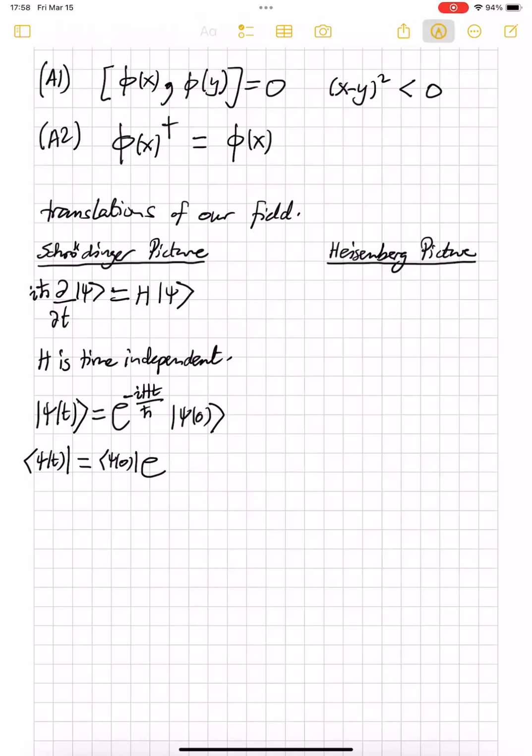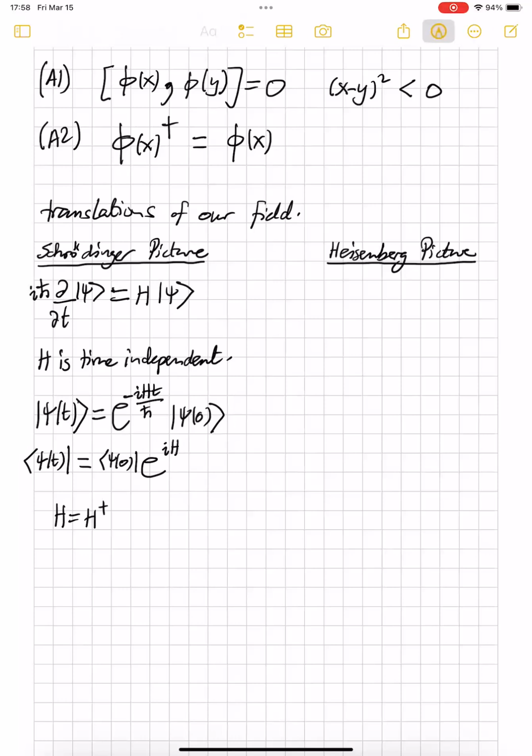Now, when I take the dagger, I need to complex conjugate any number. So minus i will turn into plus i. I need to dagger the Hamiltonian. That's an operator. But we know the Hamiltonian is Hermitian. So we know that H is equal to H dagger. So I'll just get H there because H is equal to H dagger.